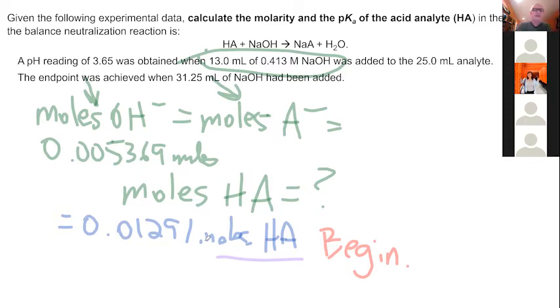If I've created this much conjugate base, how do I figure out how many moles of weak acid I have left? Is it the same amount? Because it's a 1-to-1-to-1 ratio.